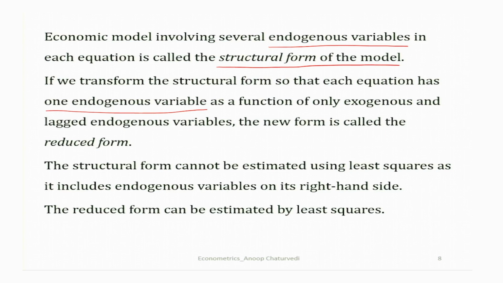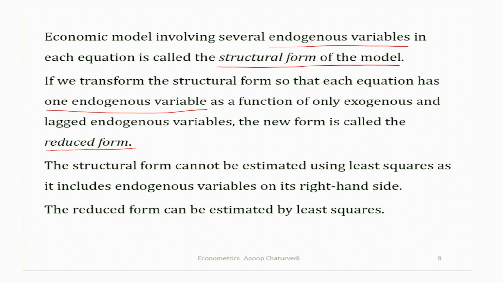Then this new form is called the reduced form. So, in the original structural form, you have several equations, and the equations may involve some of the endogenous variables, and then if you transform or solve these equations, so that each equation has only one endogenous variable in it, then you get the reduced form of the model.